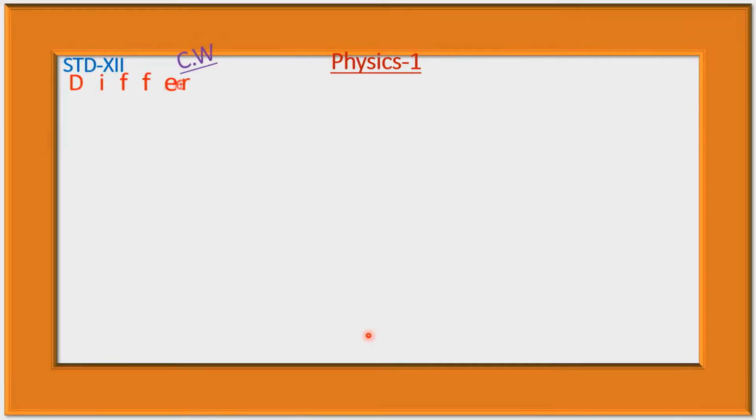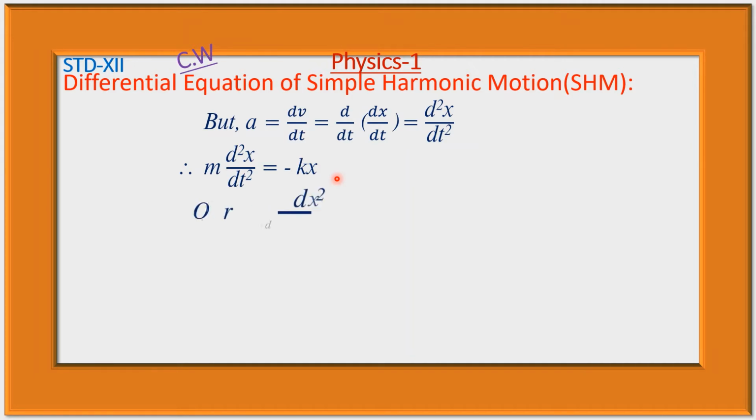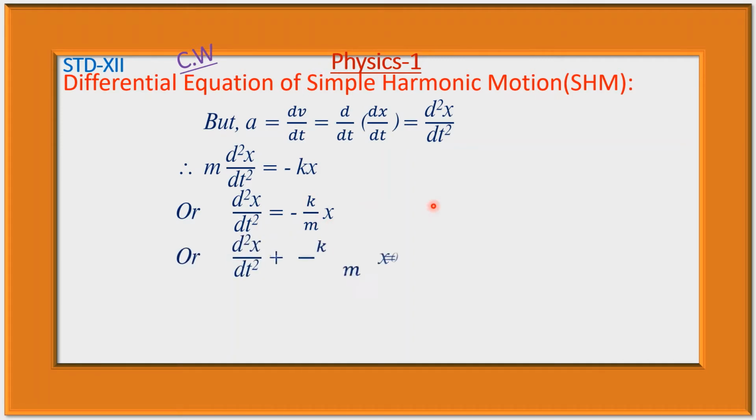So we can write ma, where a means d square x by dt square, so m d square x by dt square is equal to minus kx, or d square x by dt square is equal to minus k by m x, or d square x by dt square plus k by m x is equal to 0.